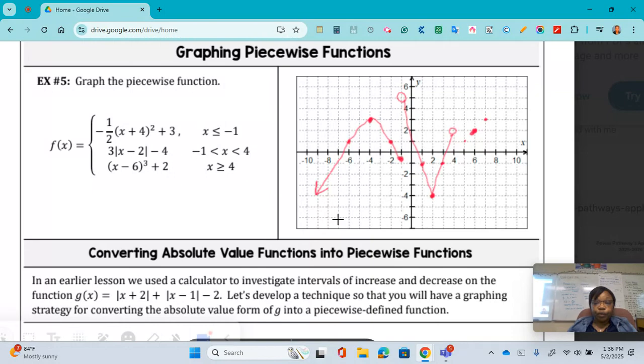So at 4, it will be a closed circle, and then it will create a snake-like function. All right, and it goes on forever with that arrow. Any questions?